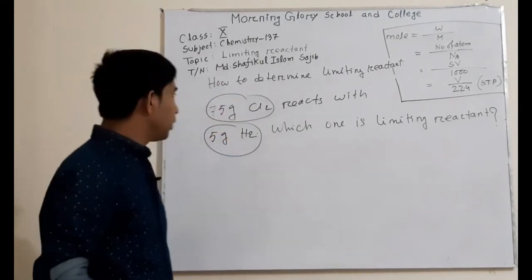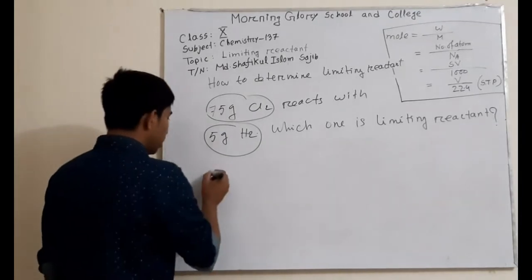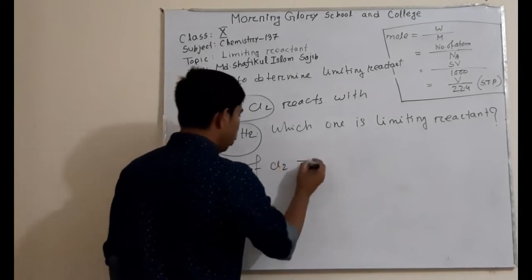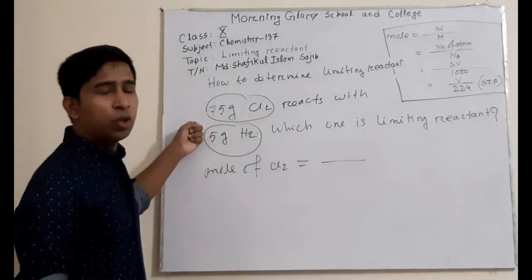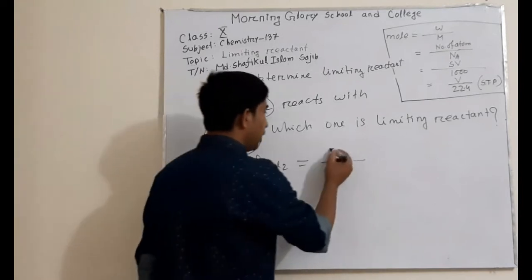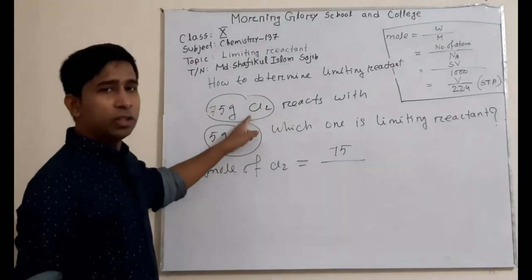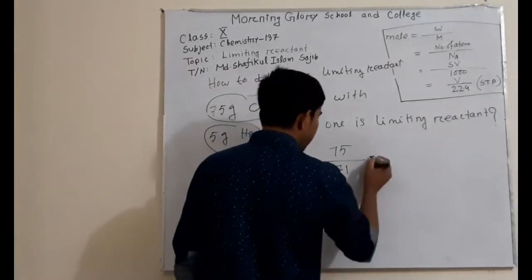First step, you need to convert these quantities into mole. So step 1, moles of chlorine equals 75 gram. This is the given quantity in mass. So we will write here 75. Now we know the molecular mass of chlorine is 71.